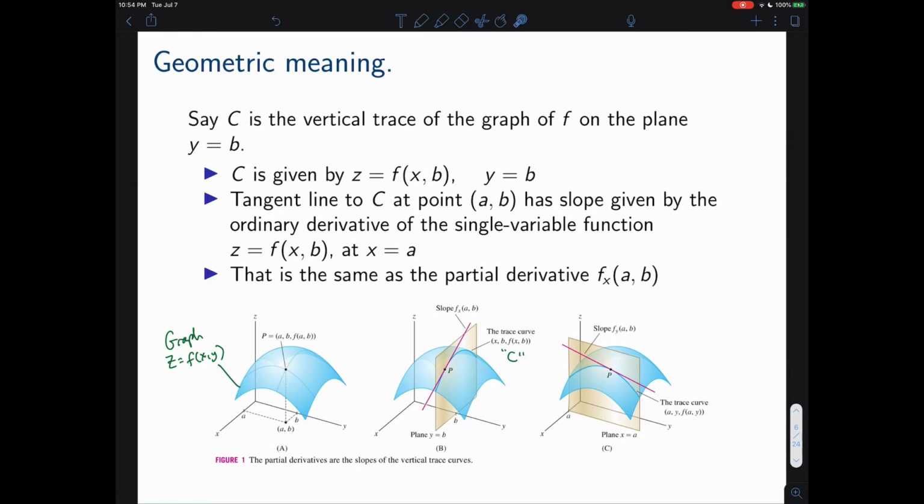Then the tangent line to C at this point has a slope given by, well, if this was a regular function, if there wasn't a y, if it was just a regular single variable function, the slope would be given by the derivative of that function.